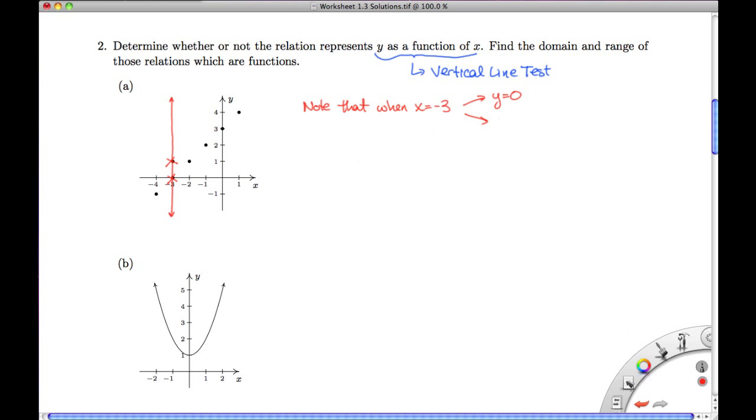And in another instance, y takes on a value of +1. So here we have this idea of one x going to two different y values. This is indicated by the fact that it fails the vertical line test, which I'll abbreviate as just VLT. So this tells us this is not a function.